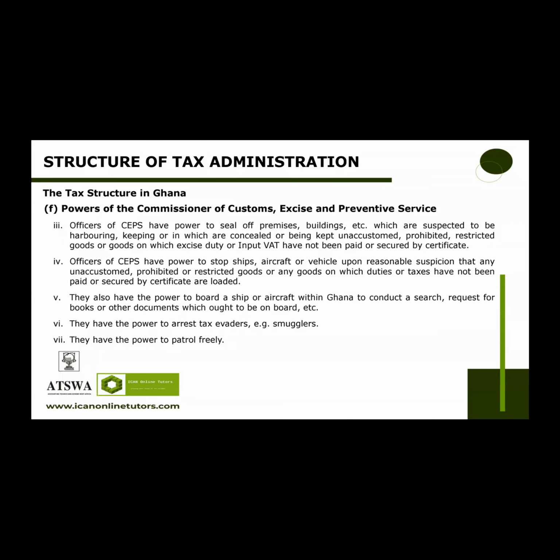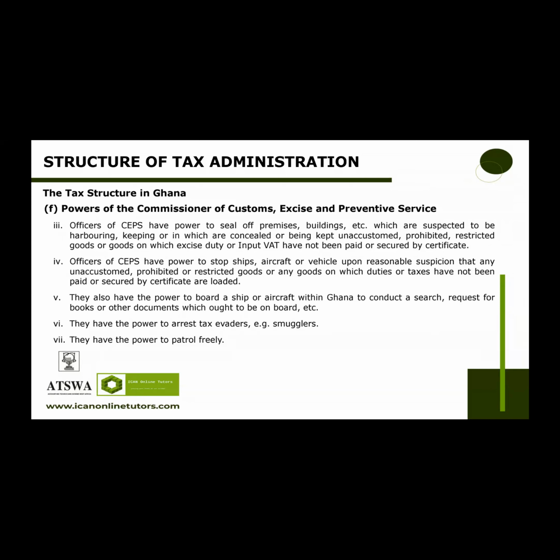Also, officers of SEPS have power to seal off premises and buildings which are suspected to be harboring, keeping, or in which are concealed or being kept unaccustomed, prohibited, restricted goods, or goods on which excise duty or input VAT have not been paid or secured by certificate.